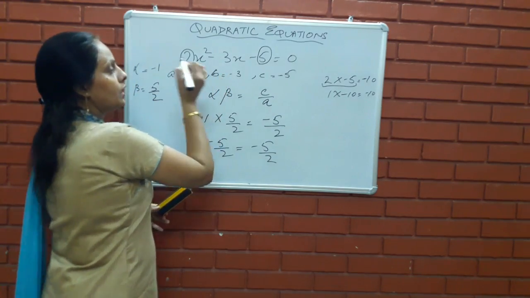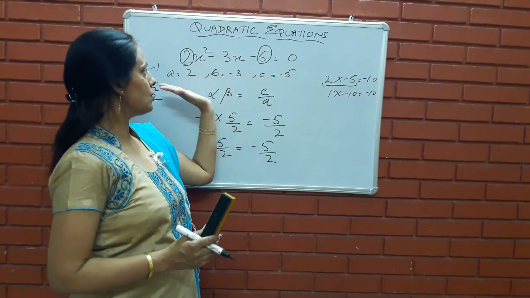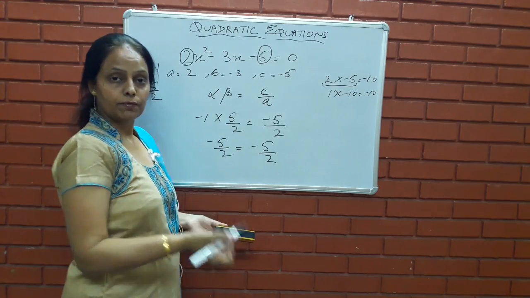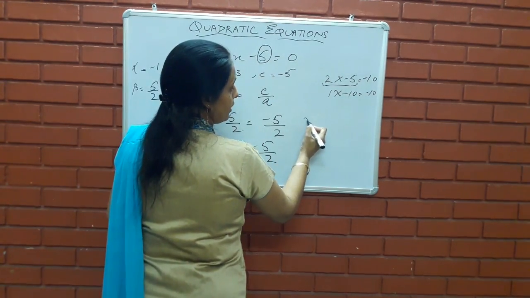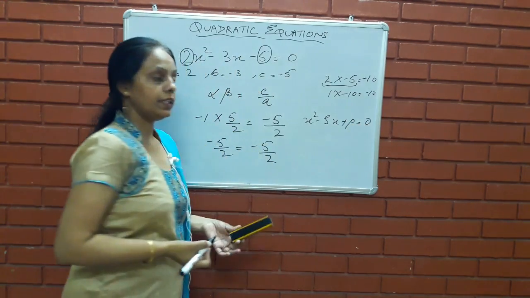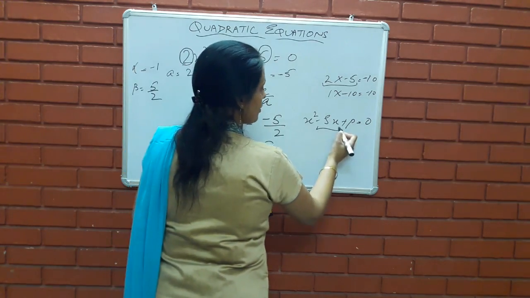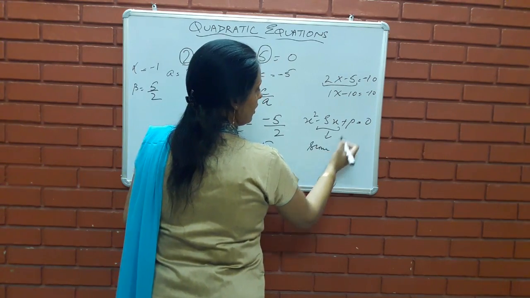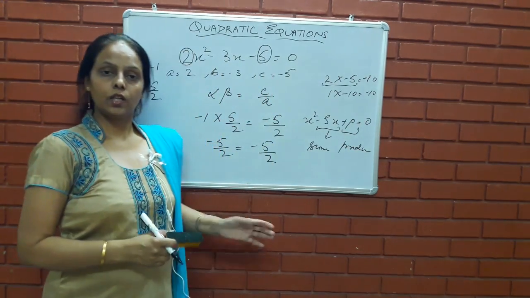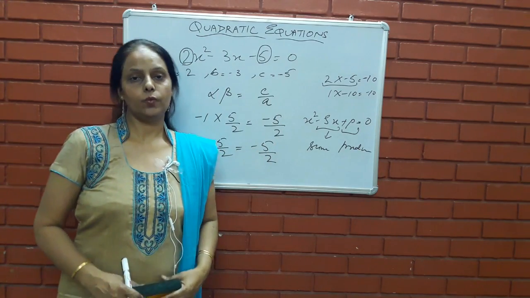That means the quadratic equation has two factors only, and we can verify the relation with the help of this minus b by a and c by a. So the standard form of a quadratic equation is x square minus sx plus p, where s shows the sum and p is the product. In this way we can verify the relation of the factors of the quadratic equation.